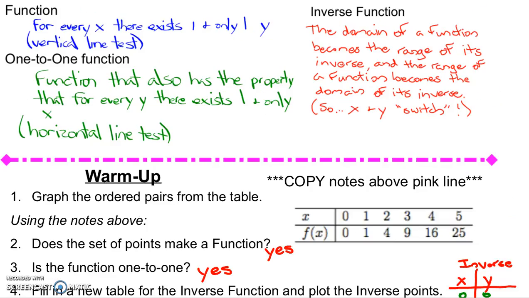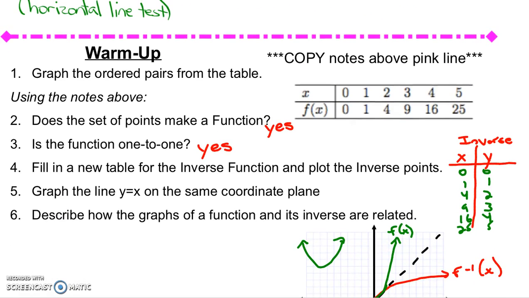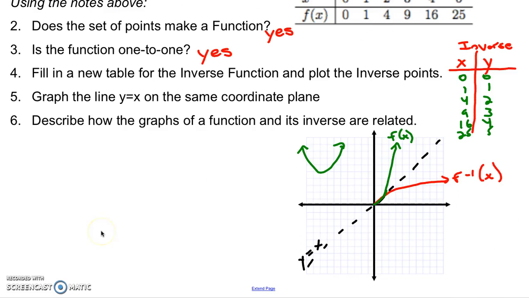So instead of having my ordered pairs like 0, 0, 1, 1, 2, 4, 3, 9, they are now 0, 0, 1, 1, 4, 2, 9, 3, 16, 4. And so what happened when I graphed those was that you got something like the red graph.